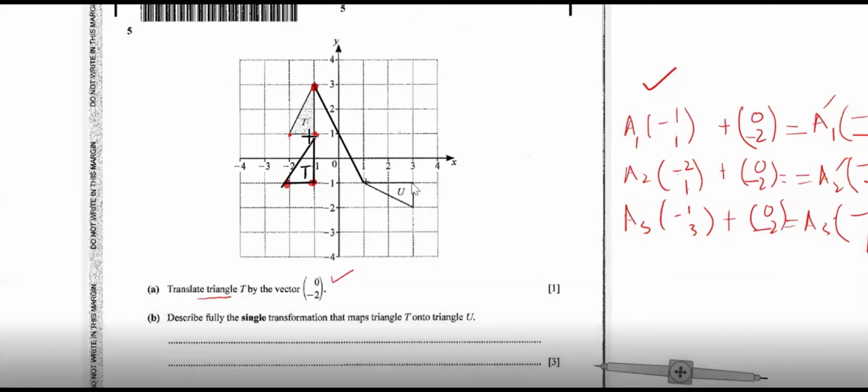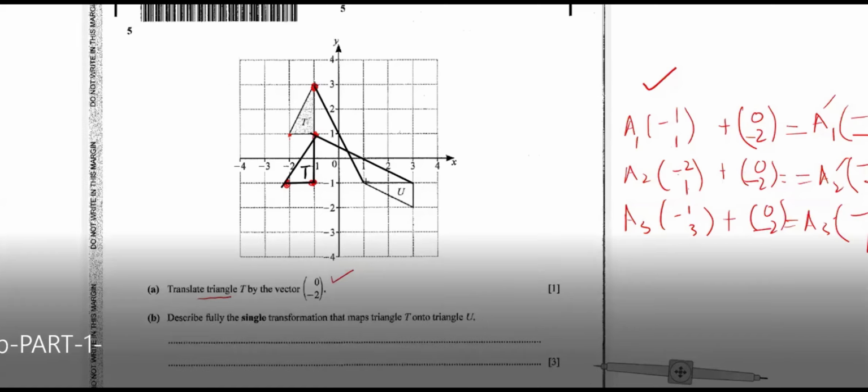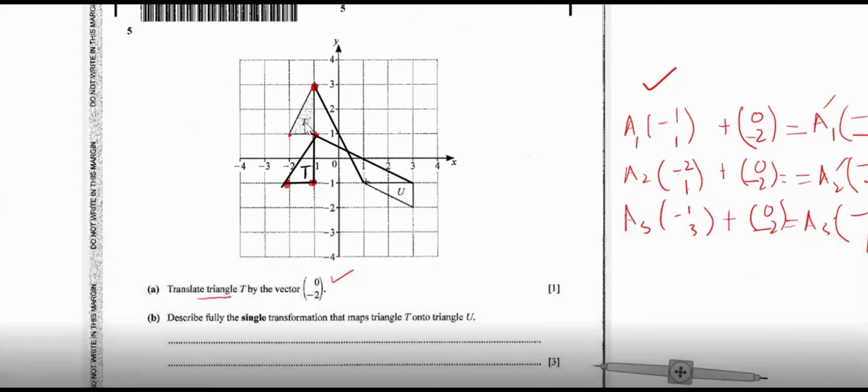And we get, look here, these two lines are not parallel. When the lines are not parallel, this is a rotation transformation. After identifying that this transformation is a rotation, we will find the center of rotation.